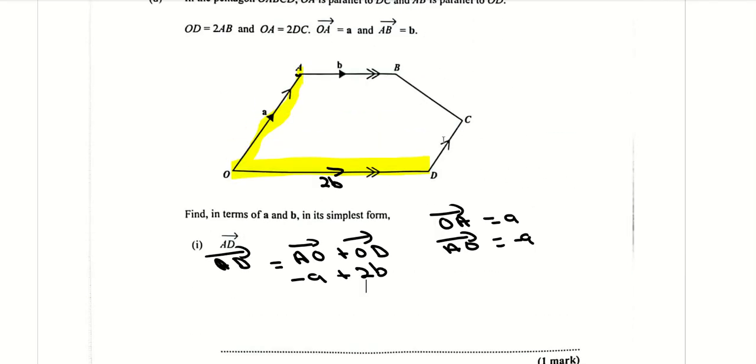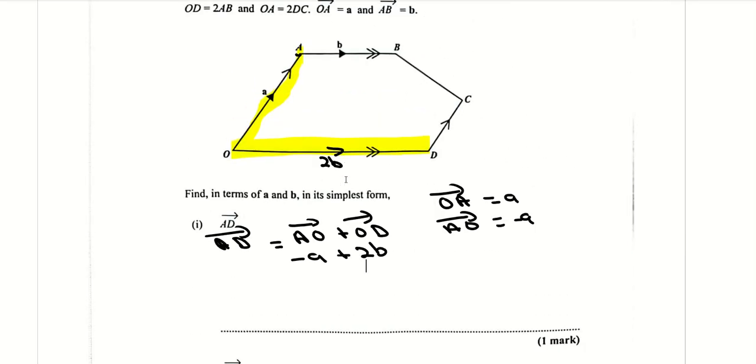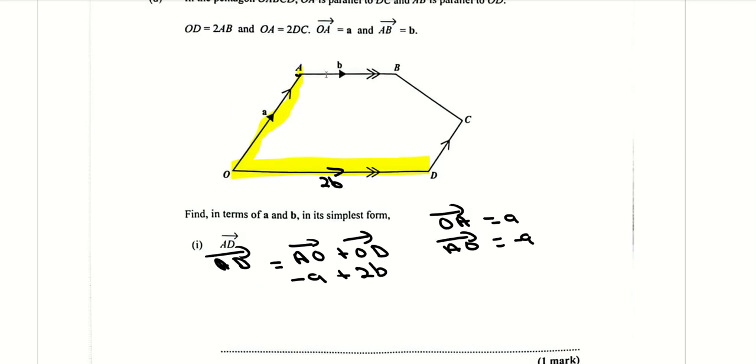BC. Also, they told you OA is equal to 2DC. So DC would be A over 2.